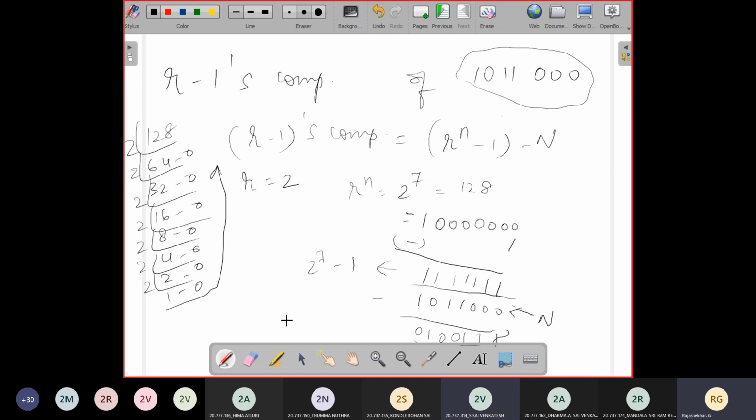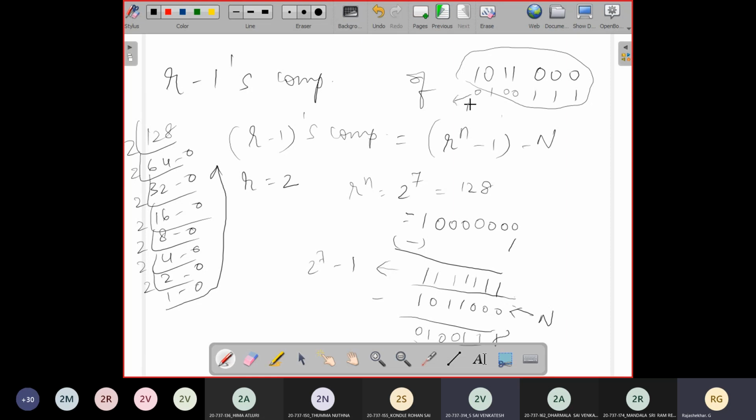So this is by definition. How do you compute directly? The simple procedure says, whenever you want to perform the ones complement, just replace ones with zeros and zeros with ones. That's it. So I can write directly in this case. The ones complement will be simply replacing zeros with ones there and ones with zeros there.